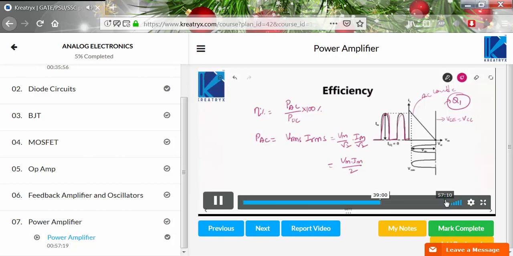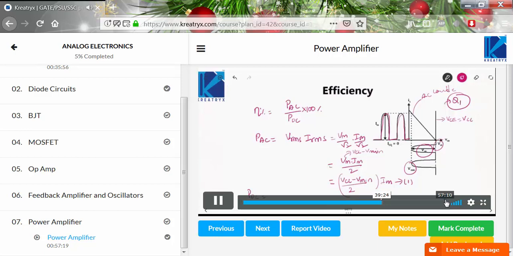From this figure, what about VM? VM is VCC minus V minimum. So PAC equals VCC minus V minimum by 2 into IM. This is equation 1. What about the PDC here?